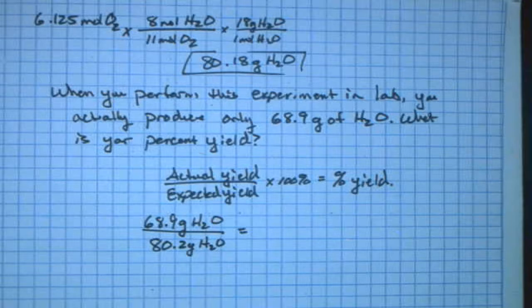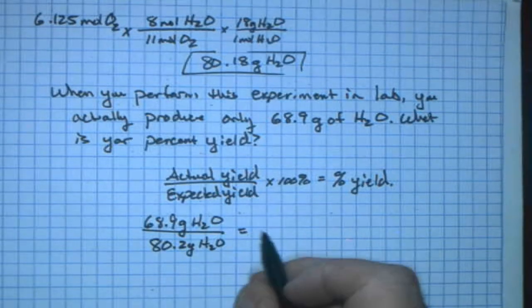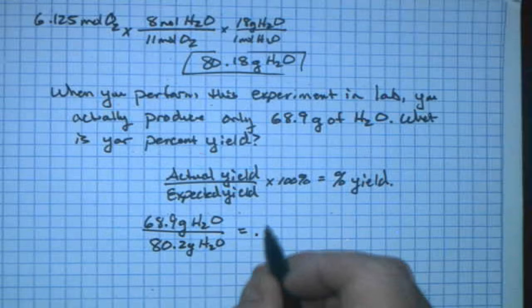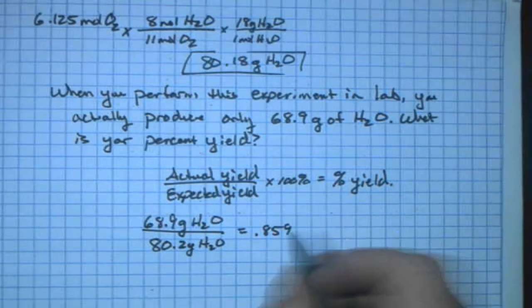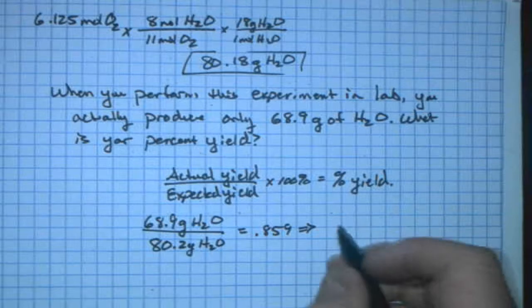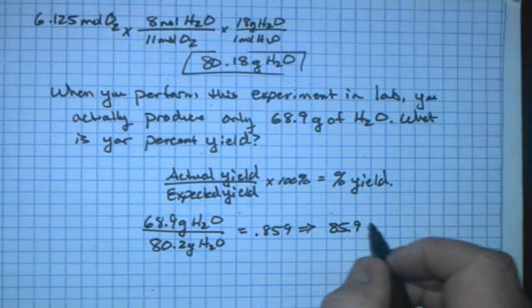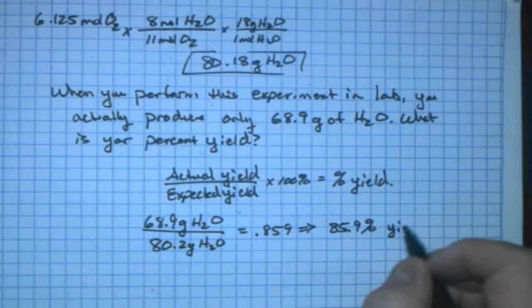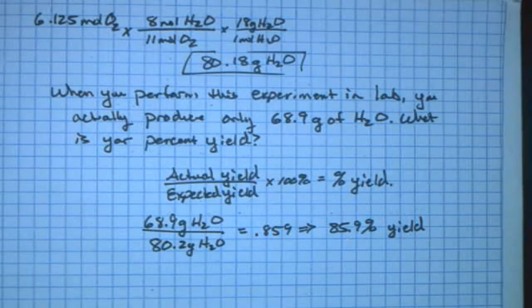And this equals 0.859, but then we multiply by 100, which leads us to 85.9% yield. And that's percent yield. Okay. Percent yield is pretty straightforward. Okay, so that was limiting reactant and how we use limiting reactant, and it was percent yield.